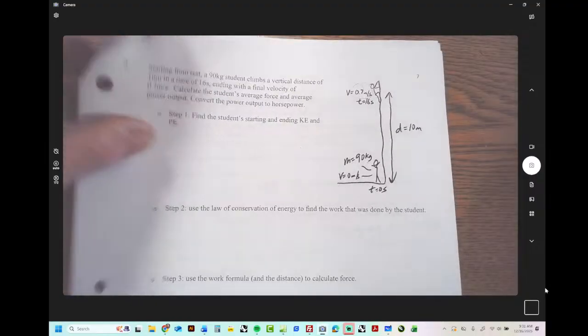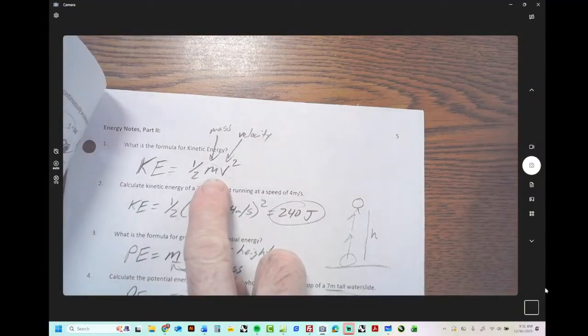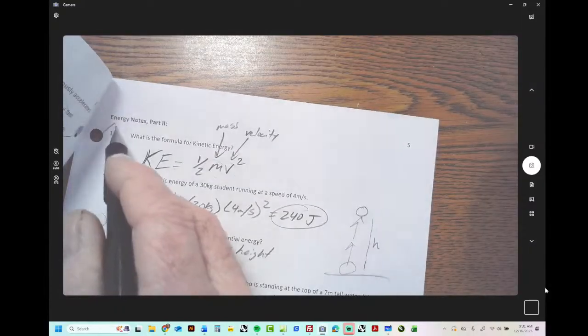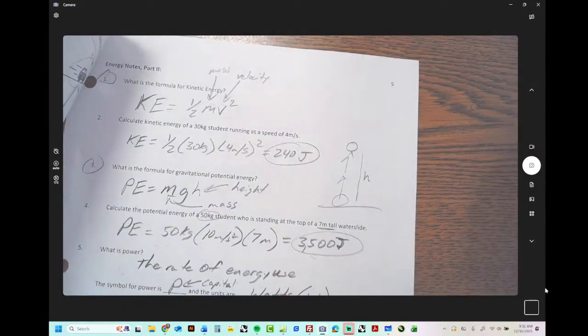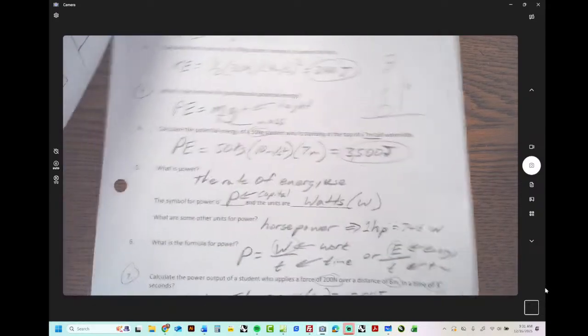So the formulas, if you need formulas in your handout, they should be back on page 5. There's the kinetic energy formula for number 1, and the potential energy formula is number 3. And when we get to power, the power formula is down in number 7.